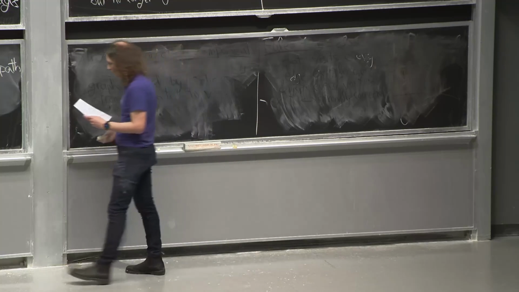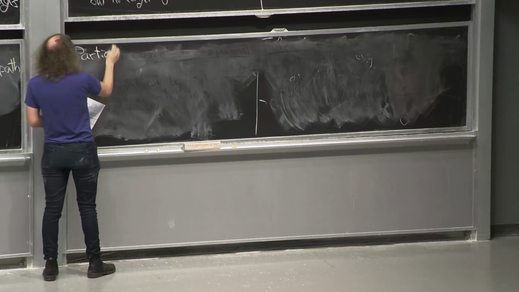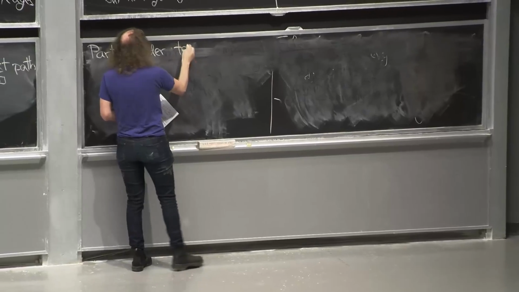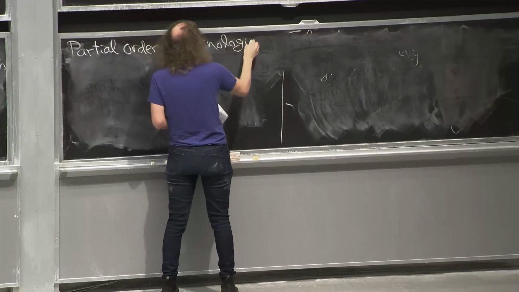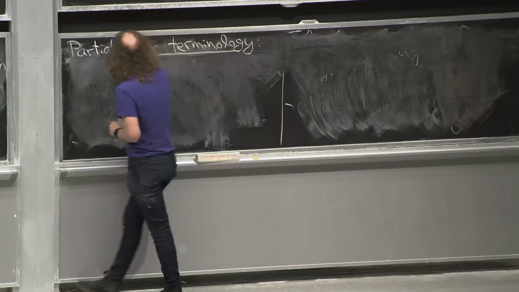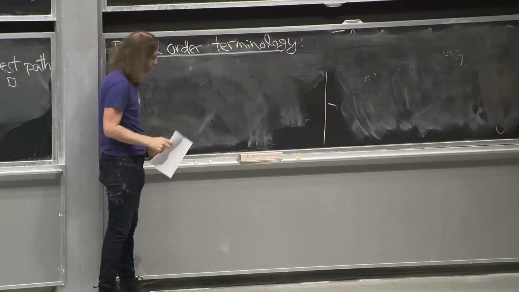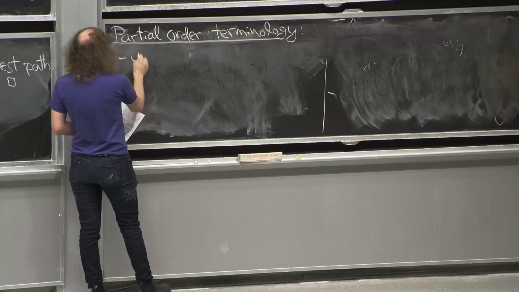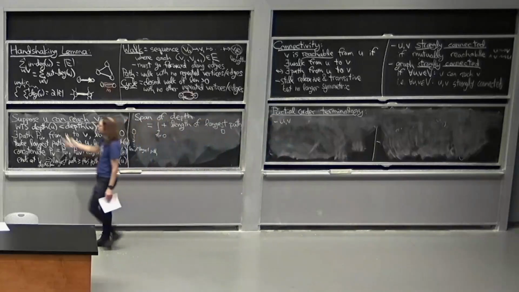Let me give you a couple of terms that are a concept called partial order, which we'll talk about next time. And they let us think about these kinds of precedence relations in a different way.